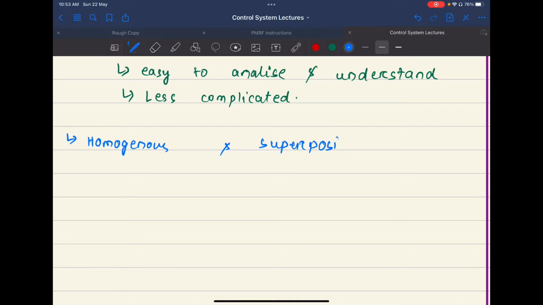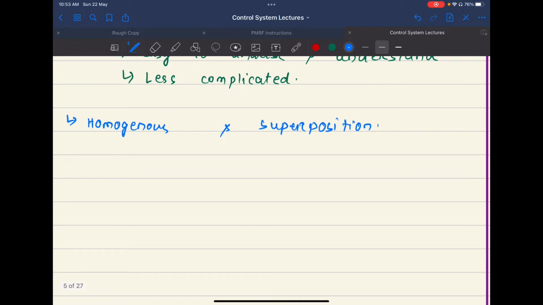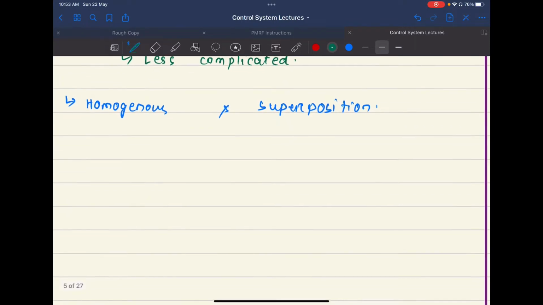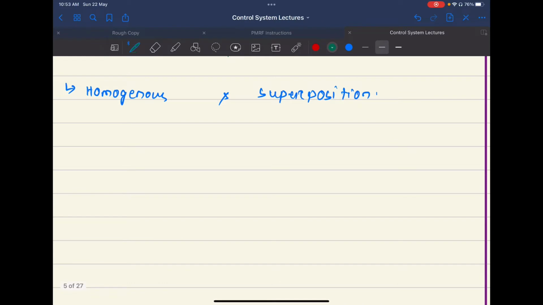So whichever system satisfies these two properties, we can say it's linear. Pratik, you may ask, you are just saying these are beautiful properties and all, but how? We can't relate to it, right? So wait for a few minutes. You will understand the beauty of these two properties.